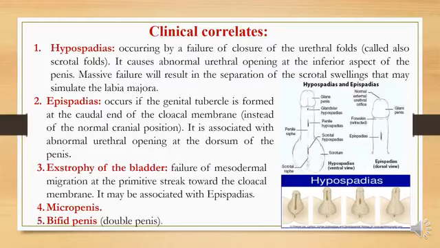Third, extrophy of the bladder, a failure of the mesoderm migration at the primitive streak toward the cloacal membrane. It may be associated with epispadias. Fourth, micropenis. Fifth, cleft penis or double penis.